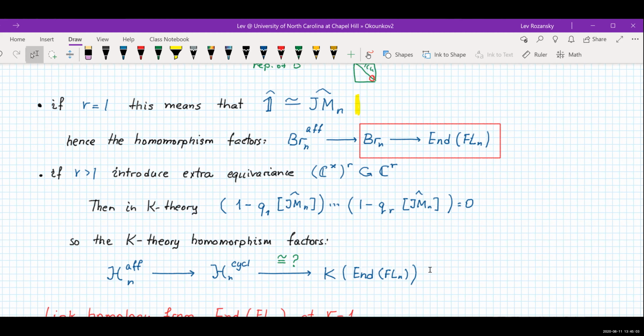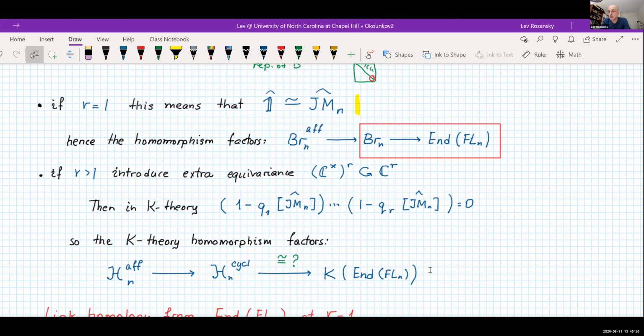So we conjecture that the latter arrow is an isomorphism, that this is a categorification of cyclotomic Hecke, but at least we can say that there is a homomorphism from cyclotomic Hecke to the K theory of this category.